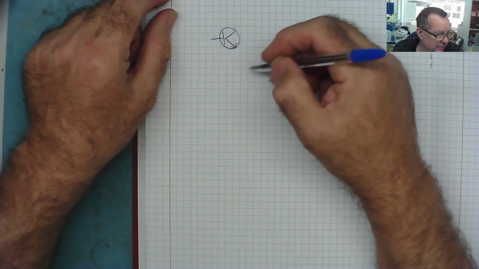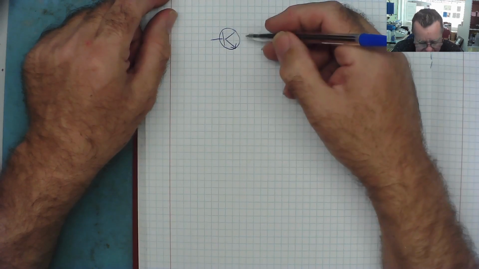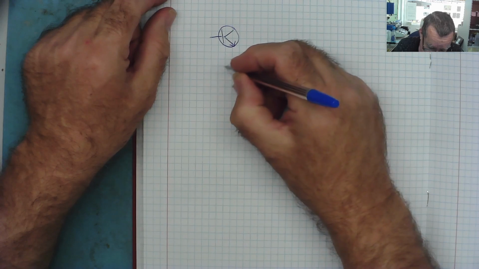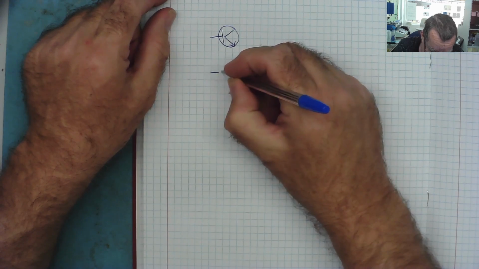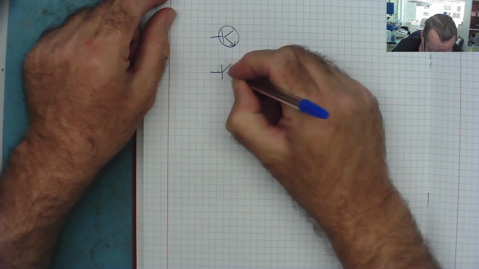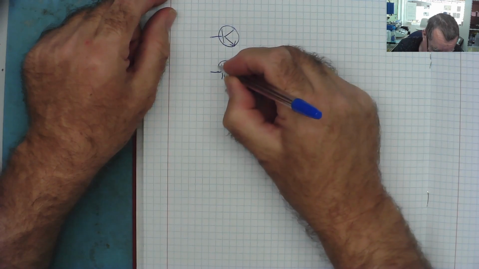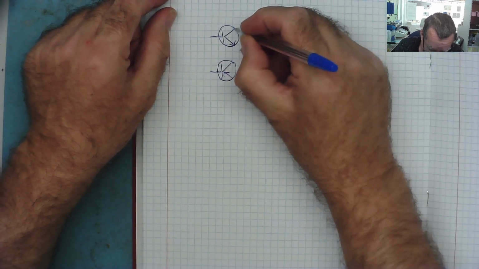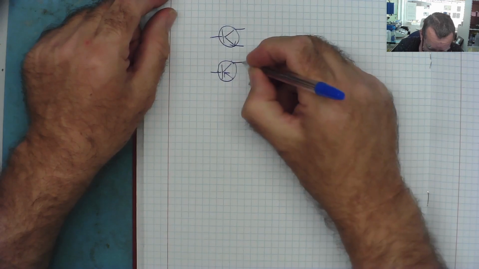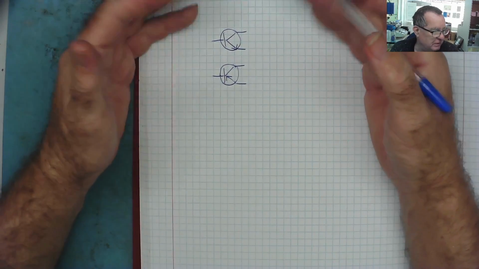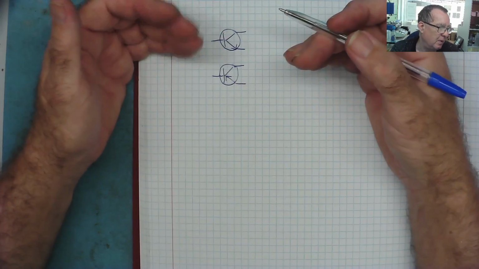There's another type of transistor, if you like, which is the mirror image or opposite of this one. It's the PNP transistor. So a PNP transistor has a very similar symbol, but the arrow points the opposite way. And these two, if you like, are complementary to each other. They work in opposite ways.